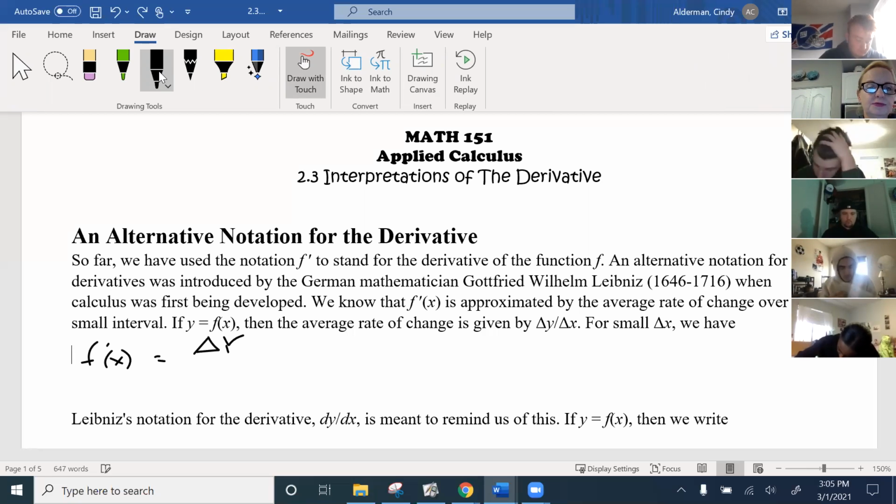Let me make that legible. And of course, this is just the derivative.